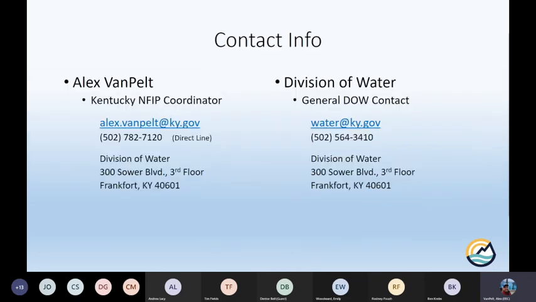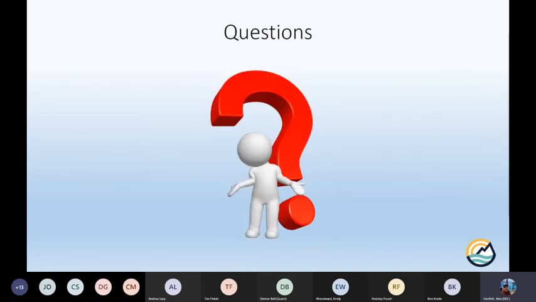But reach out to me, as always. If you have questions, email me. Happy to answer them. If you call me, I will call you back at some point, but email is best. Or you can reach out to the general Division of Water contact, water@ky.gov, or you can call the general line.